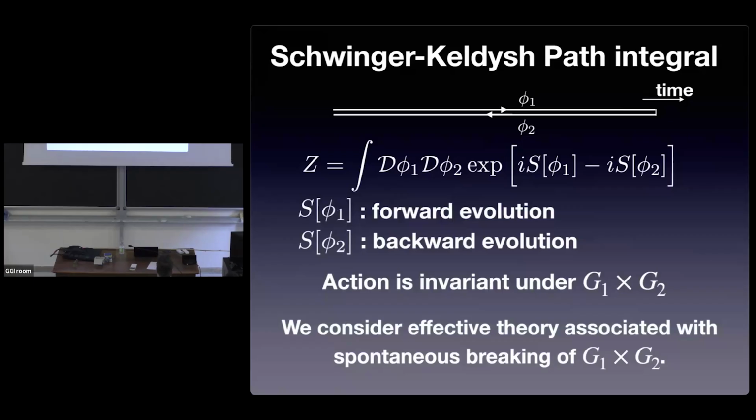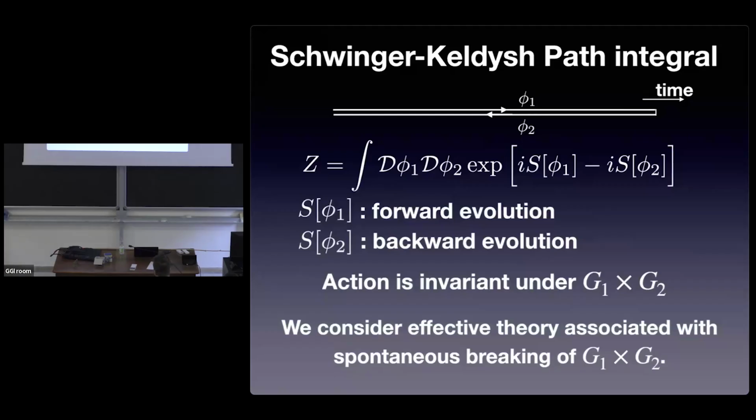Here is a path integral of the Schwinger-Keldysh path. The original theory has this kind of path integral. In the boundary we have the density operator here, and this is time evolution. Now we have two types of action, the forward action and backward action.